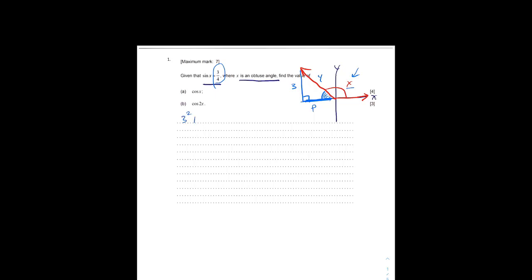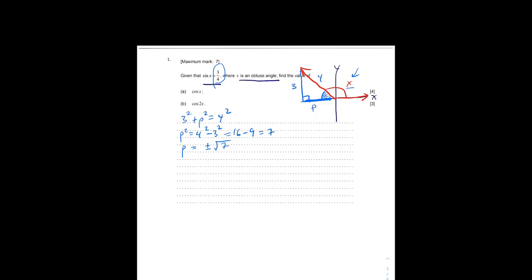So we'll say 3 squared plus p squared is equal to 4 squared. So I just rearrange this equation, and I'll say that p squared is 4 squared minus 3 squared, which is 16 minus 9. So that p will now equal plus or minus the square root of 7, since 16 minus 9 is going to equal 7.